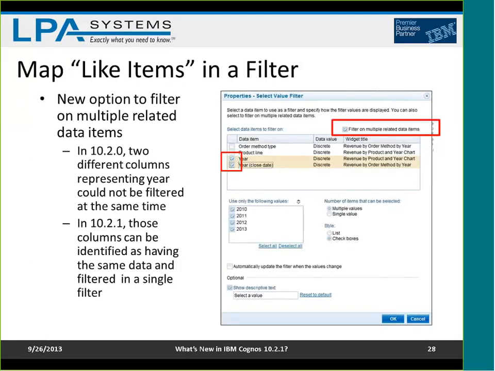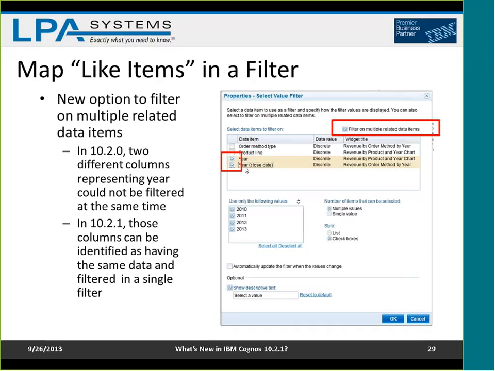Going back to the like items enhancements. When I add a filter, whether it's a slider filter or a select value filter, from the toolbox in Workspace to my workspace, up through and including 10.2.0, it might be that you had 2 data items on 2 different widgets. One was like a year and maybe one was the year that the order closed. And Cognos sees those as 2 separate data items, even though they both have the same values. They both have 2011, 2012, 2013.